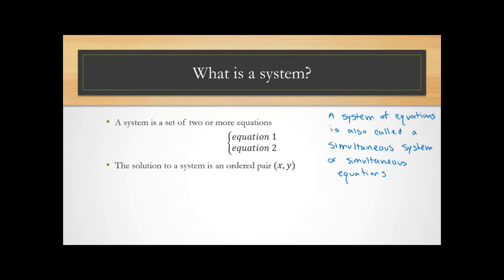So a system is a set of 2 or more equations. And so the bare minimum to have a system is 2 equations. And you basically want to have the same number of equations as you have variables. So 2 variables means you need to have 2 equations to solve. If you don't, you can't solve it.